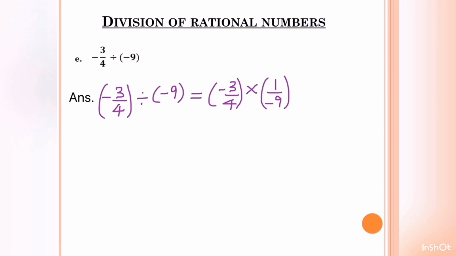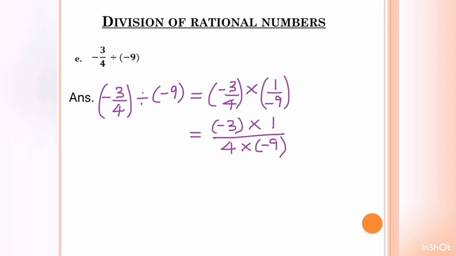Now this expression is equal to, let's multiply minus 3 by 4 by 1 by minus 9. We will take the product of their numerators by product of their denominators.